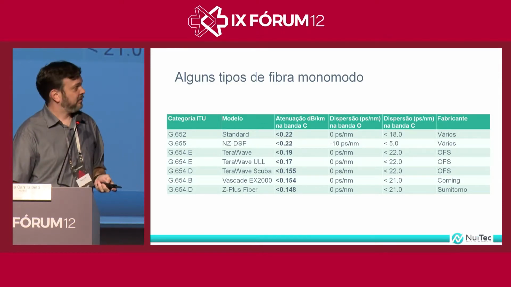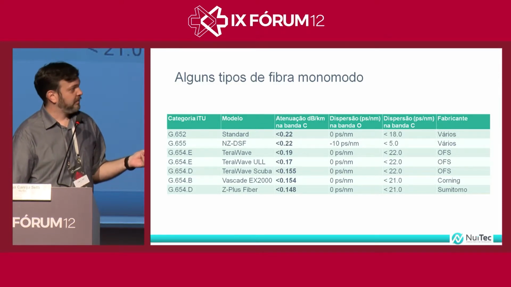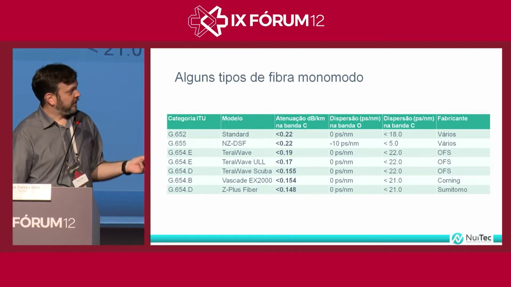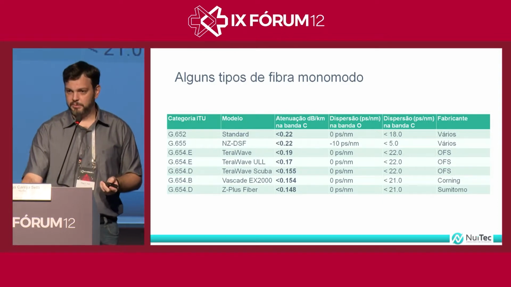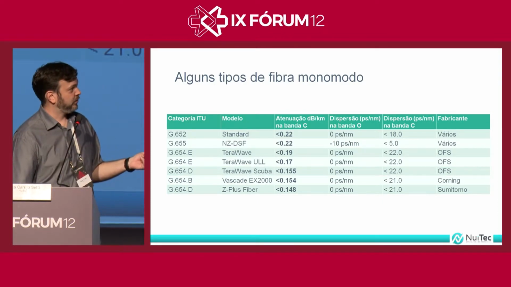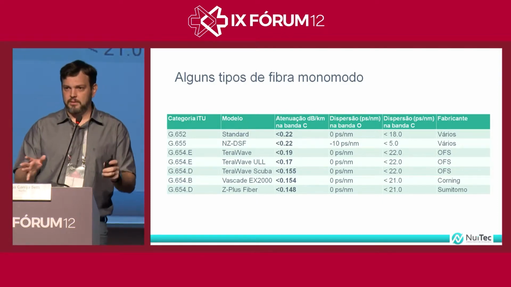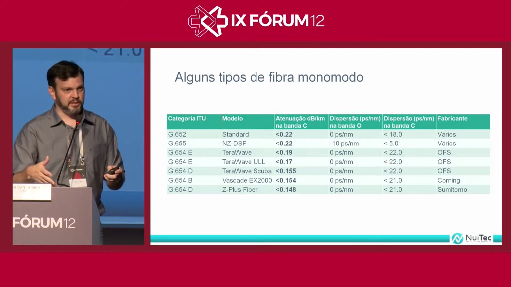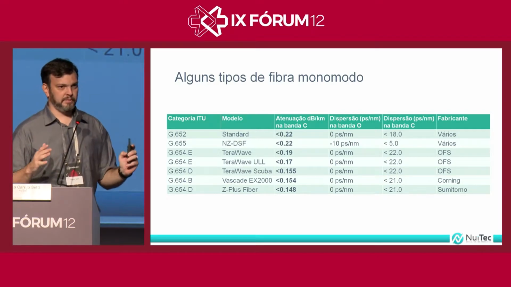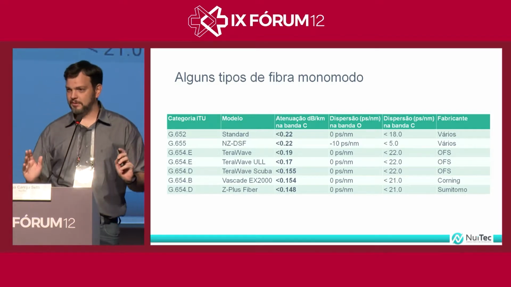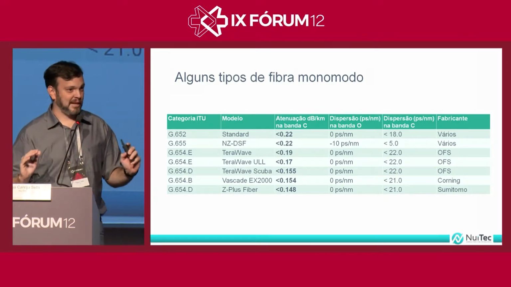Band C is very common for DWDM systems. You can see that we have high quality fibers. They're of special manufacturing. When we're used to 0.22, this is standard. As engineers, we say 0.25.